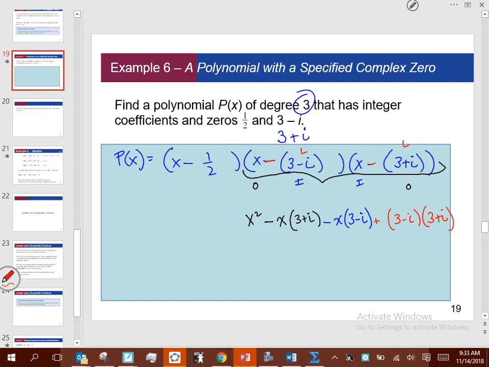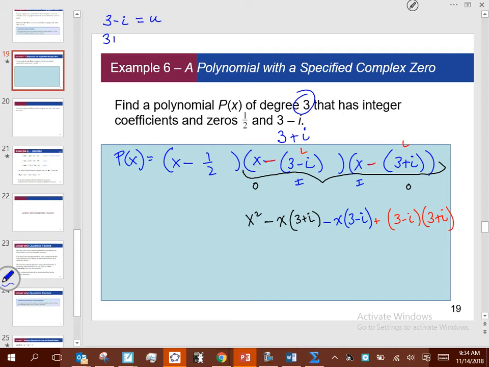Okay? But still a FOIL process. If we just pay attention to 3 minus i and 3 plus i as just one object. Does that make sense? If you're a person that doesn't like that, can I do something like this? We saw this a little bit before, and I didn't talk about this last class, but let's say I don't like that multiplication, it gets messy. Let's say I write 3 minus i, let that be u.